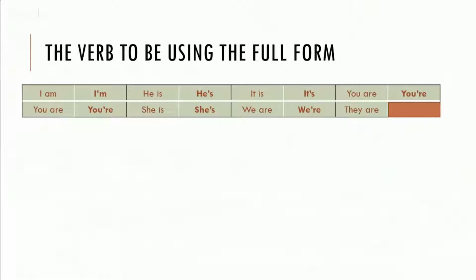Next one is you are, you're. You are, you're. And again, we have you are twice because you can be singular, one person, or it can be plural, many people. So we remember that from the prior lessons. You is both. And then the last one that we have is they are, they're. They are, they're.